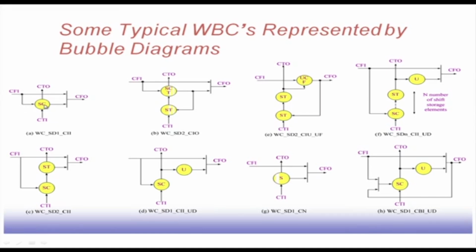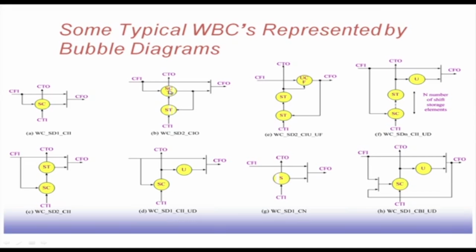So, it can come to this cell, it can be combined here, and then in normal mode this CFI will go to CFO, and in this capture mode, the content may be available at CFO. As a result, there is a decision point at this point. So, this finally realizes this particular operation, where this cell can do scan or capture.